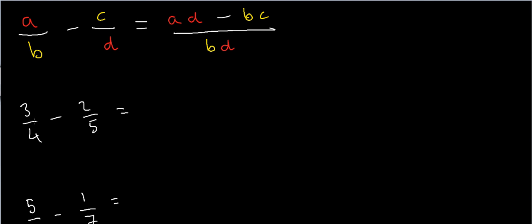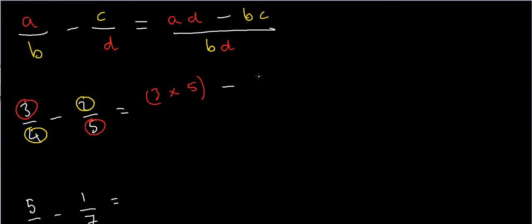Let's look at 3 over 4 minus 2 over 5. Well, what I'm going to do is take the numerator of the first fraction and multiply the denominator of the second fraction. So that's 3 times 5. I'm now going to put a minus sign and take the denominator of the first fraction, that's 4, and multiply that by the numerator of the second, that's 2.